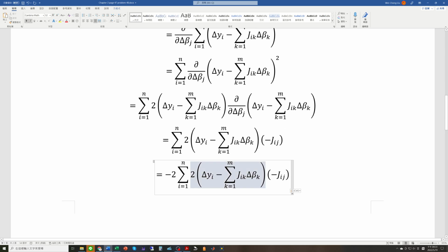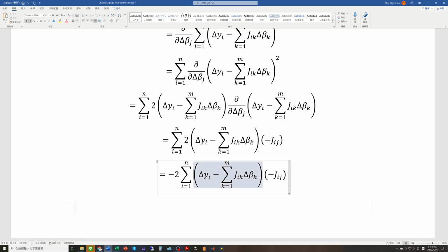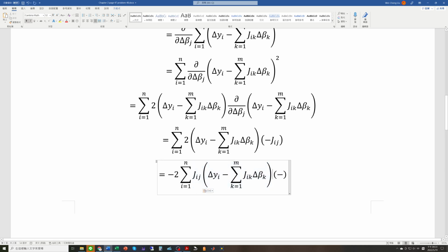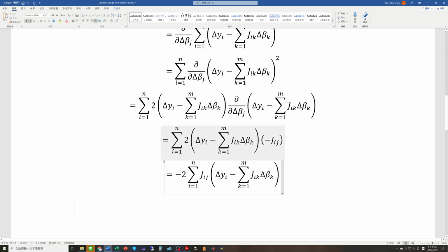And Jij, we can move it in front of this term. So finally we will have negative 2 times summation i is equal to 1 to n capital Jij times delta yi minus summation k is equal to 1 to m capital Jik delta beta k.